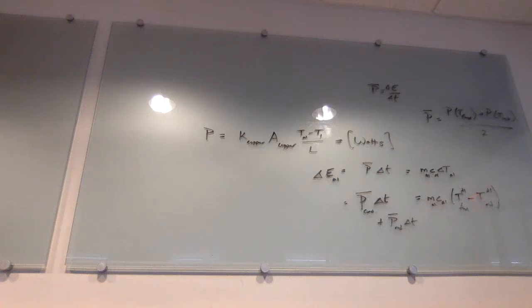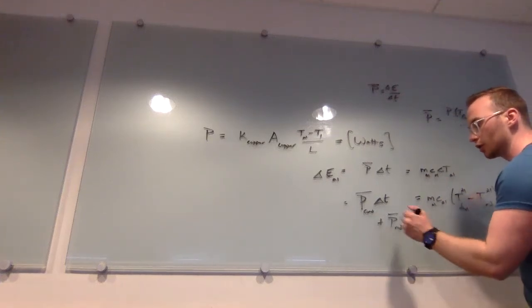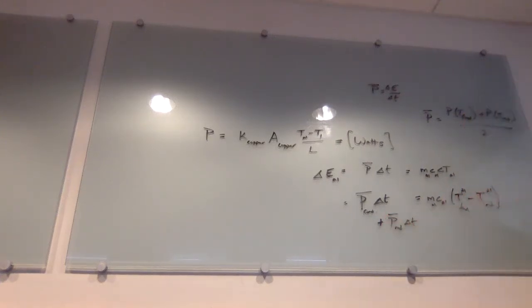Just do that same thing to get the average power. It's not actually completely correct, but whatever. So now you have these two pieces. This is the energy it gains from the radiation, which is like the net.